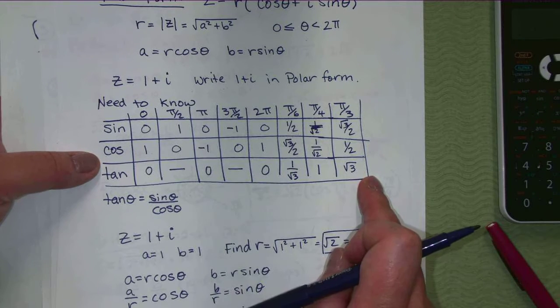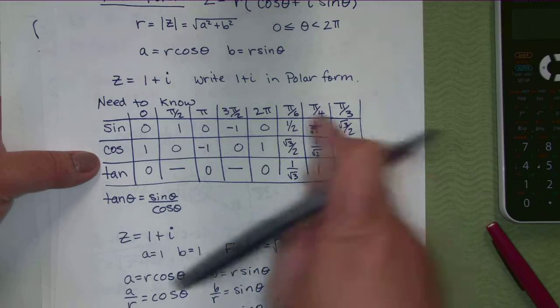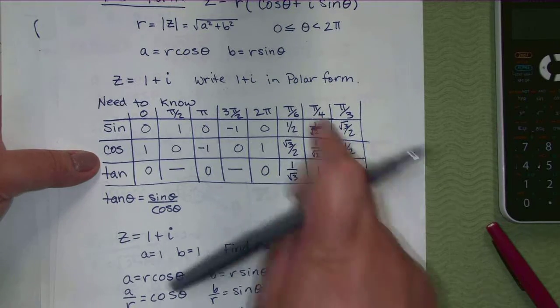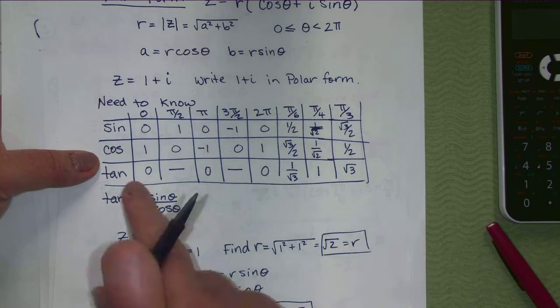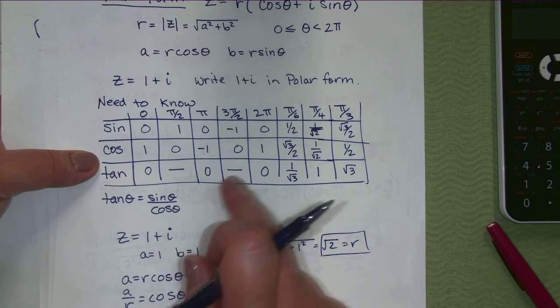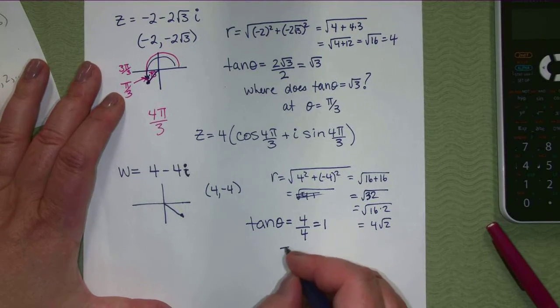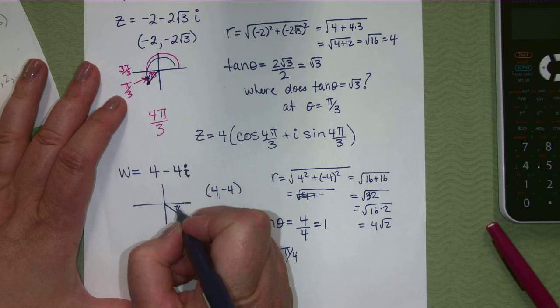You don't need to know any of this, really. Just these 3 values, which one is with which angle, because these ones will land right on one of the axes, and you can just see which one it is. Okay, so tan of 1 is at pi over 4. So if this is a pi over 4, we don't want to go minus, we want to go around from the start to here.